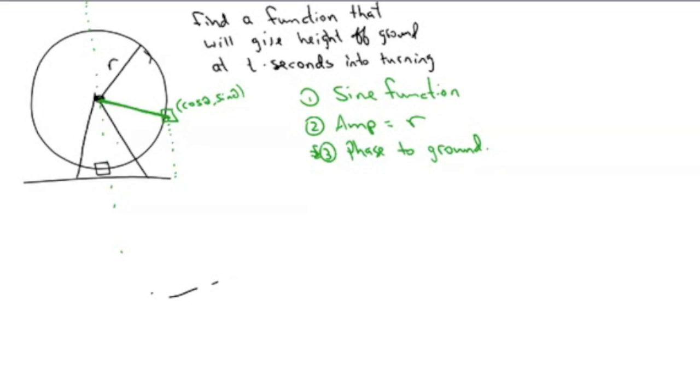And before we can even figure out what the phase shift is, we need revolutions per minute. That'll tell us our period, eventually. So, given all this information, you should be able to come up with a sine function that correctly describes how high off the ground you are at any time on this Ferris wheel.